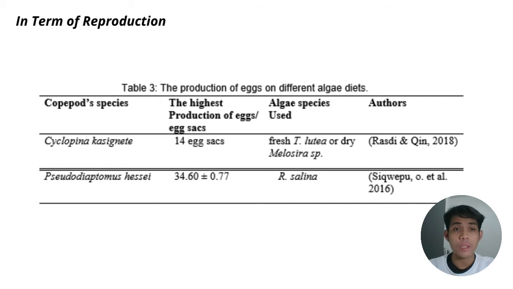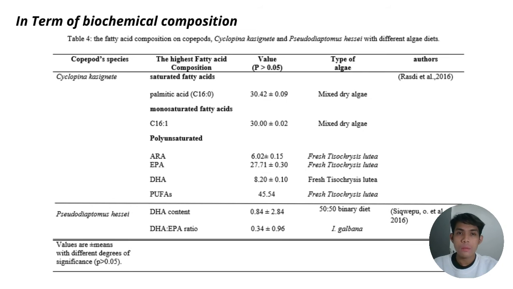In terms of reproduction, Rusdy and Keane, who used fresh Tetraselmis or Dunaliella species, showed an increase of egg sets. Meanwhile, Sigwipu provided the highest production of eggs by using Chaetoceros algae. In terms of biochemical composition, it was found that fatty acid was the highest composition found in the algae.